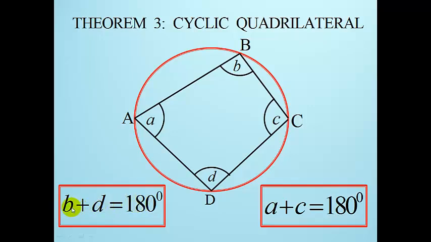That is how come we have B plus D is equal to 180 degrees. Also, angle A is opposite to angle C, and so because the sum of the opposite angles in the quadrilateral within the circle equals 180, it implies that A plus C is also equal to 180 degrees.